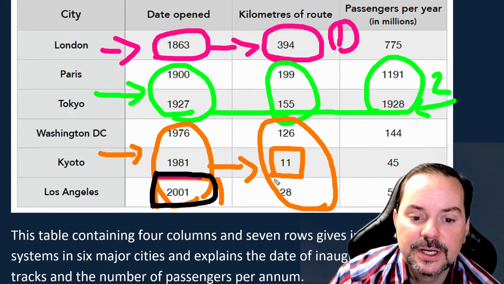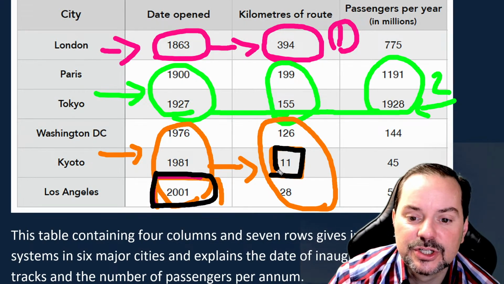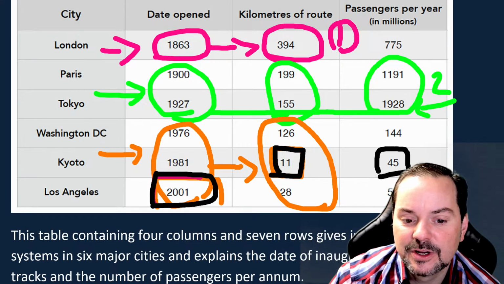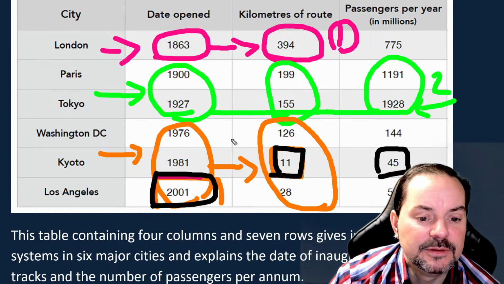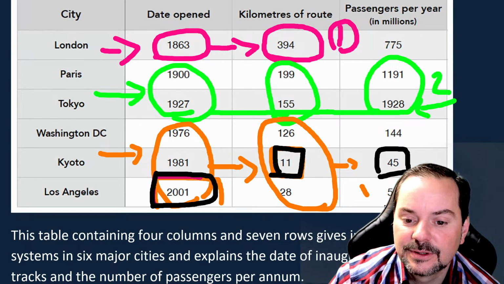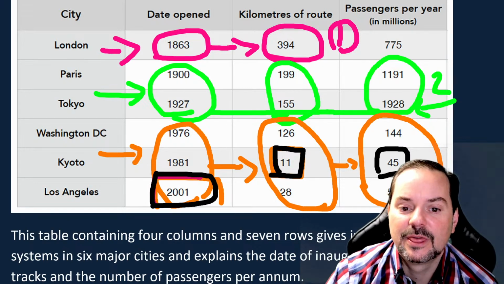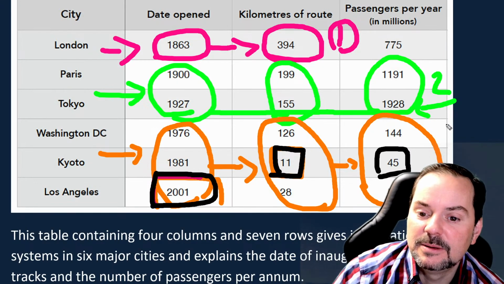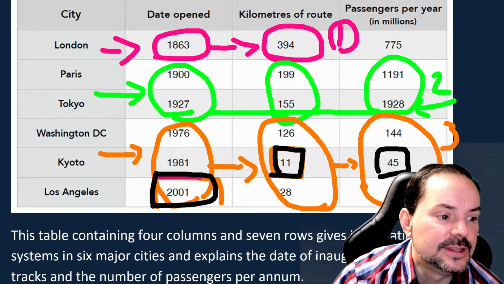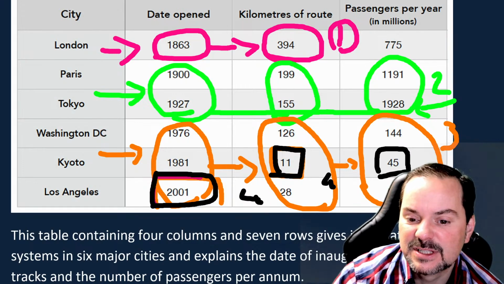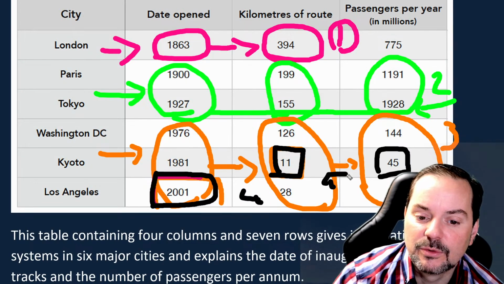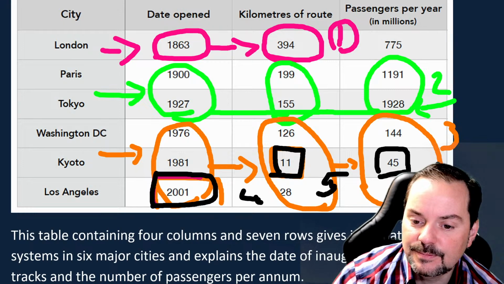I would do this one as the newest, this one as the shortest, and this one as maybe the fewest passengers. Very comparable to Los Angeles though. Okay, so and let me finish this. I didn't quite finish that. Okay, so I would kind of do that. Okay, so this would be my 3, and then these would be kind of my 4s here with the black. 4, 4, 4. You could see that as 4, 5, 6, but yeah, we can do 4, 5, 6. That's how I would do it.